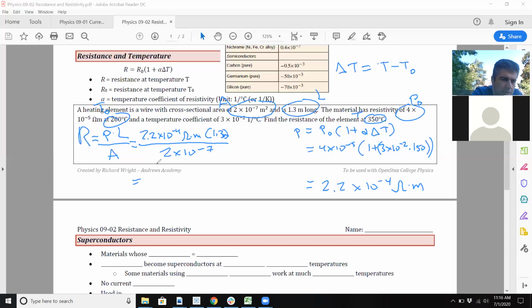And I think it comes out to 1,430 ohms. And that's the resistance that we'll see in that oven. And then from there, you can use that to calculate the voltage and current and all that other stuff. So that's that calculation. You'll see some problems you'll work on that are like that.